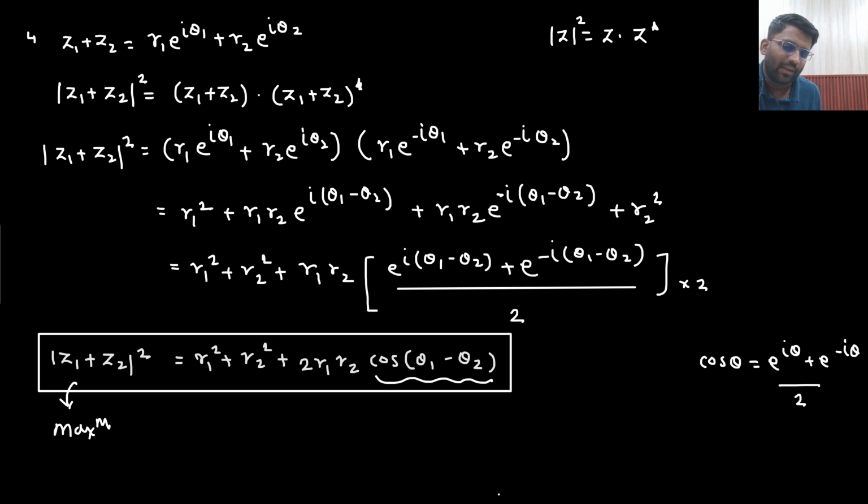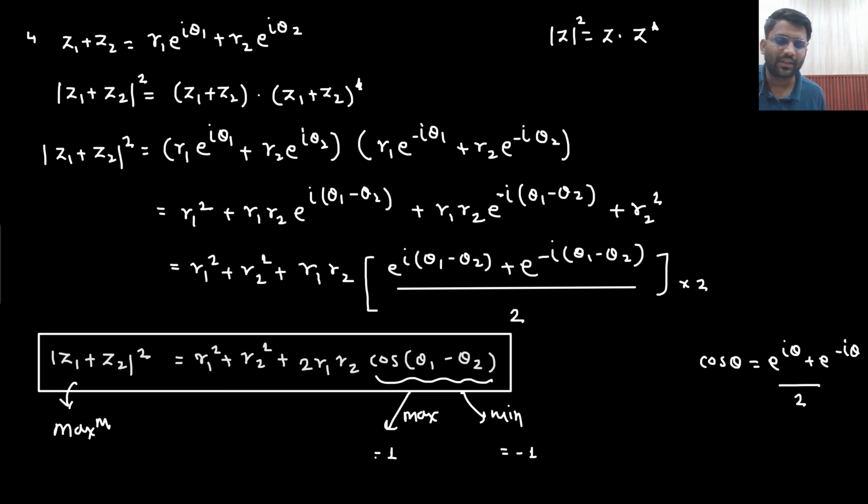This guy is variable. Now you know that this can have a maximum value of 1 and a minimum value of minus 1.